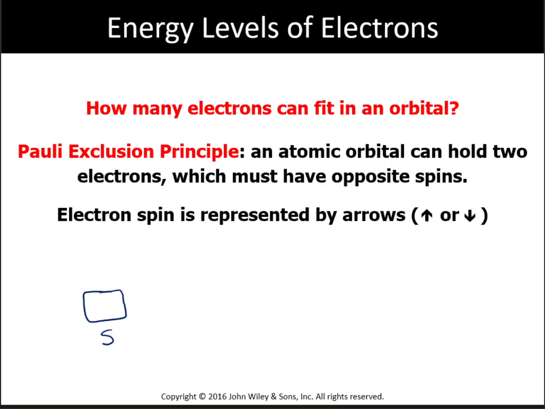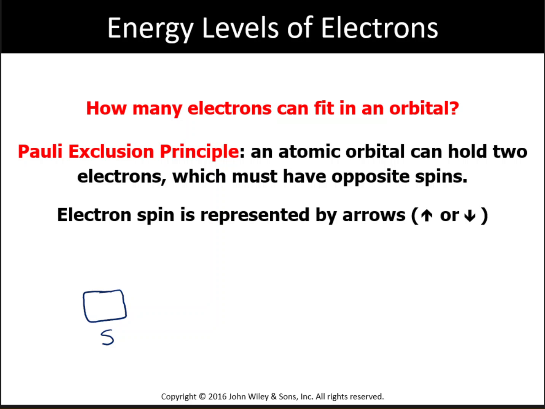But energy wise, if we have 2 electrons, we want these 2 electrons to have opposite spin. Opposite spin is the most stable state for the electrons in the same orbital. Now, how do I show the electrons have opposite spins? By the arrow, one pointing up, one pointing down.